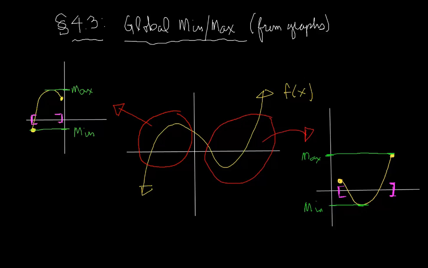Alright, and here's one more case, just to drive the point home. Let's look at this little region right here. It's not going to be too much to draw since it's such a small region.